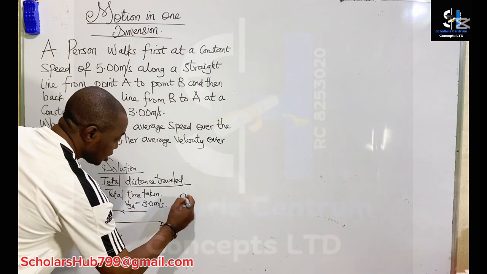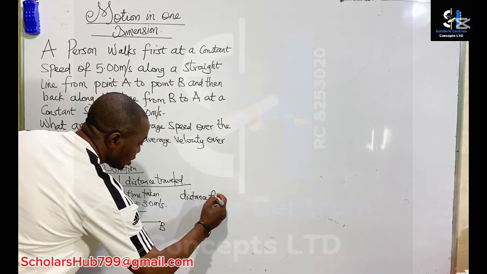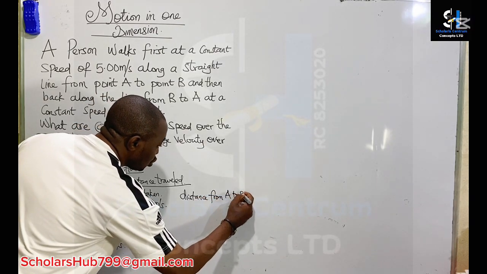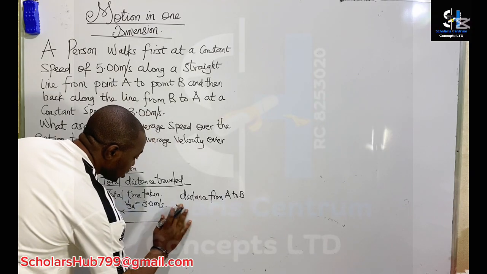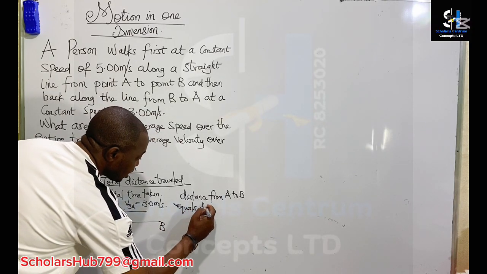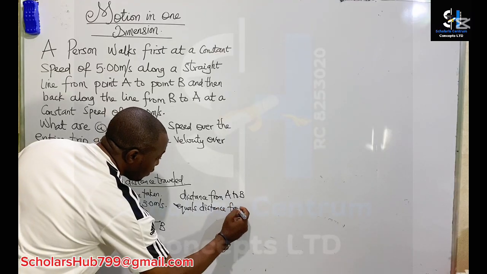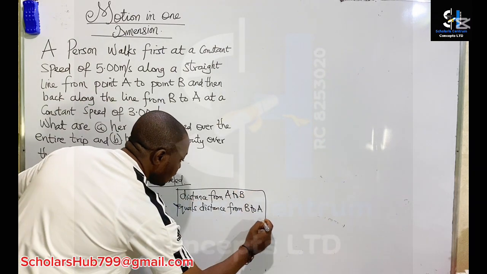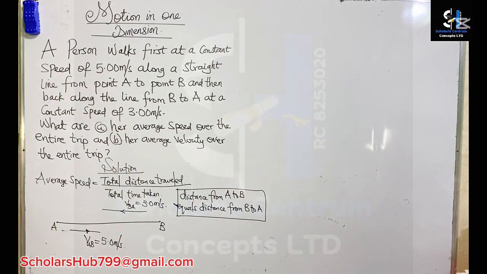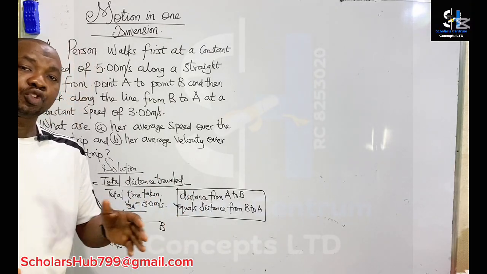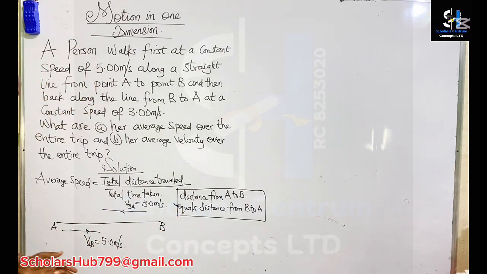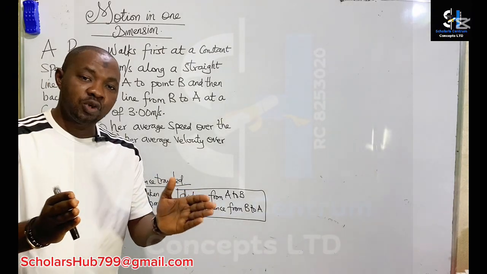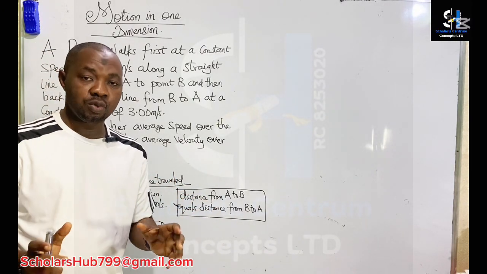Now, note: distance from A to B equals distance from B to A. This is very important, because the length of the path traveled by a body, or the extent of separation between two fixed points, is what we call distance.